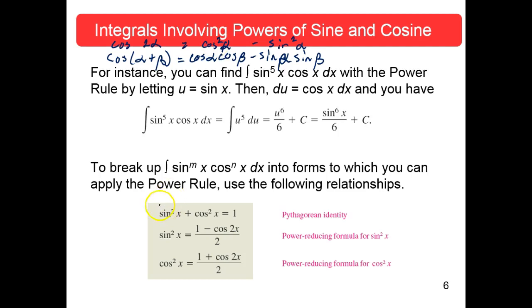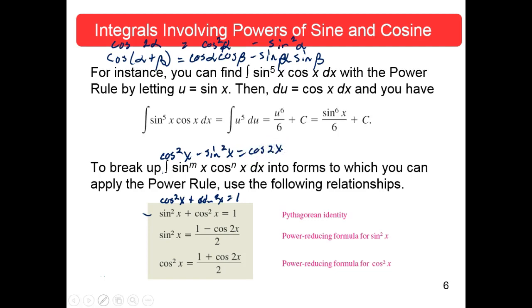Now that, in conjunction with this one, those are fairly similar. Let me change this one slightly and make it cosine squared x plus sine squared x. That's equal to 1. And up here, we have that cosine squared x minus sine squared x is equal to cosine 2x.